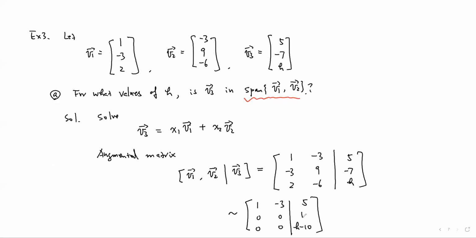It is a number. So I can use this number to eliminate the number H minus 10. How? I multiply negative H minus 10 to row 2 and then add to row 3 to make this matrix into echelon form.